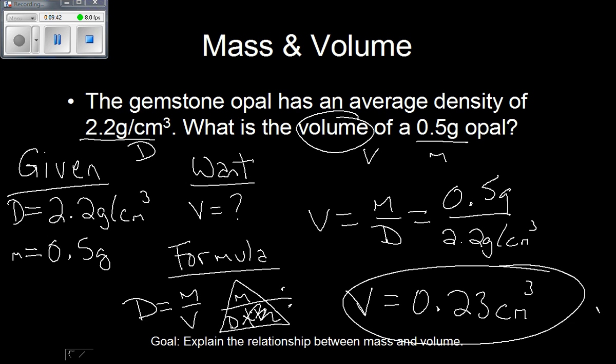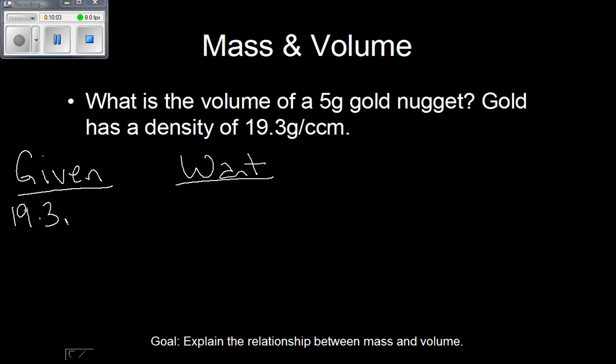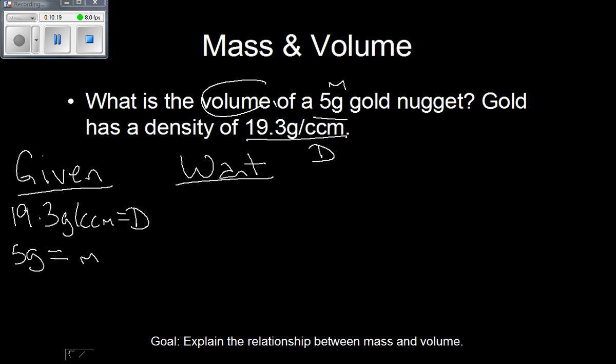Now let's try another one. What is the volume of a 5 gram gold nugget? Gold has a density of 19.3 grams per cubic centimeter. Step 1, identify my density. That's going to be my mass. What do they want?